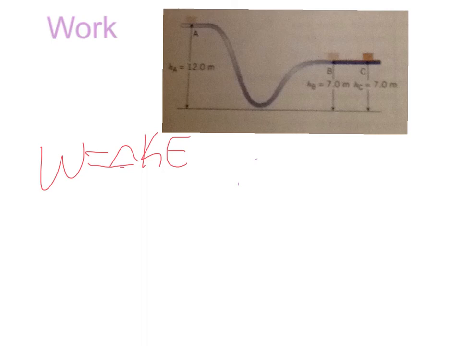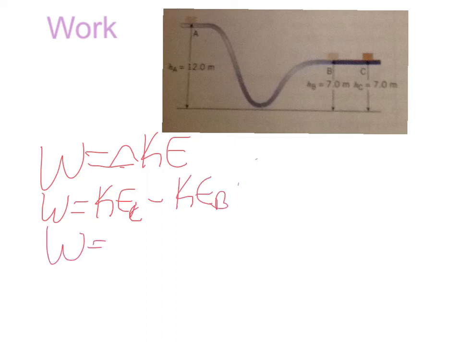So this is actually pretty simple because work would equal the change in kinetic energy, so the kinetic energy in C minus the kinetic energy in B. So the kinetic energy in C is 0 because it comes to rest, as it said in the end of the problem.